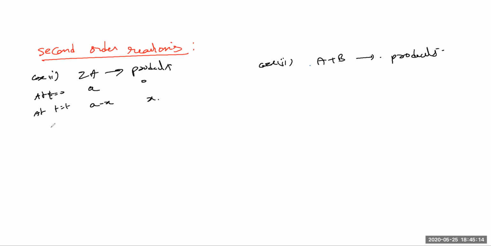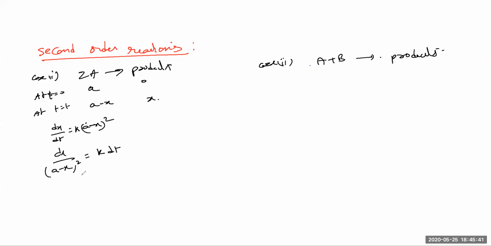So what is dx by dt? dx by dt is directly proportional, equal to k into a minus x whole power 2, because it is second order. Or dx by (a minus x) whole square is equal to k into dt.